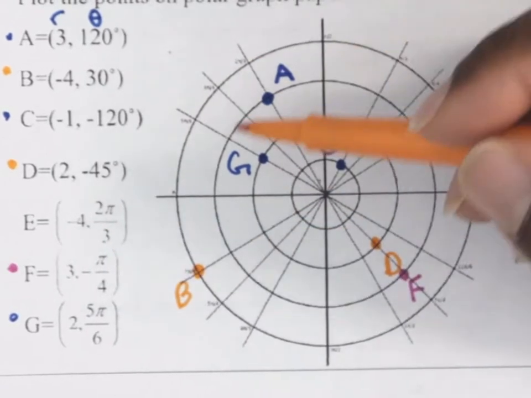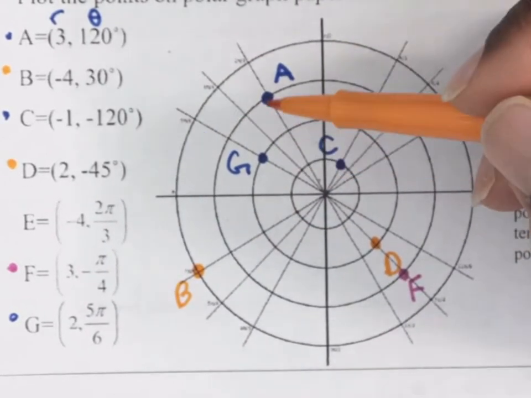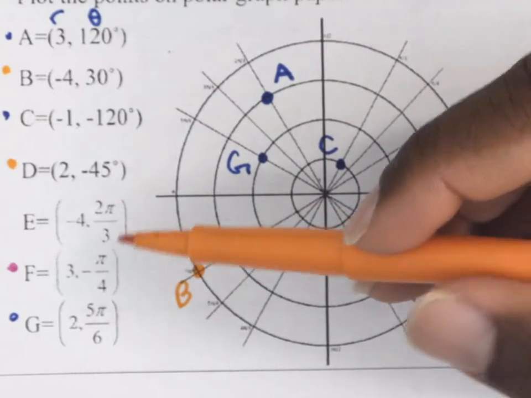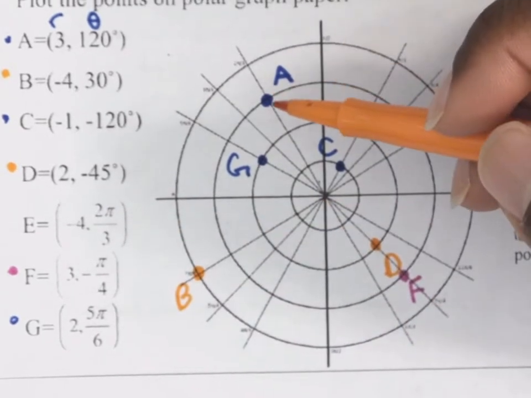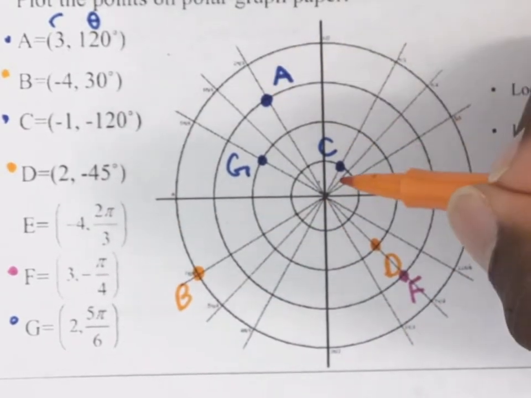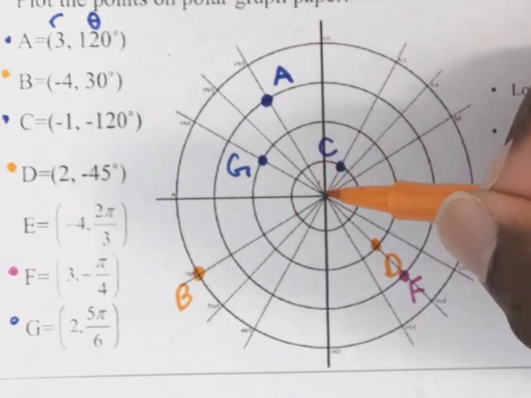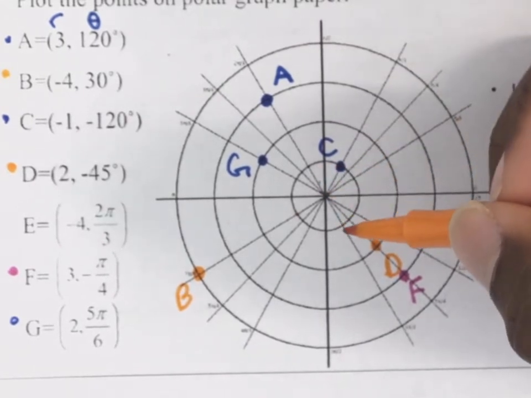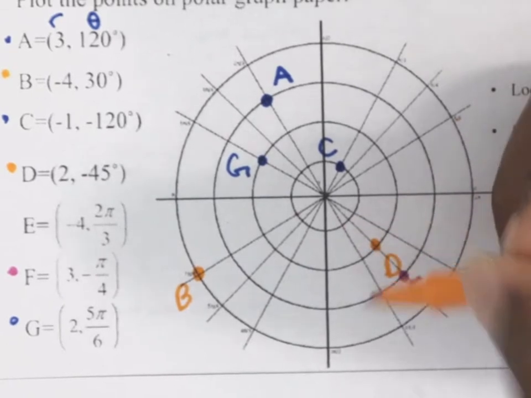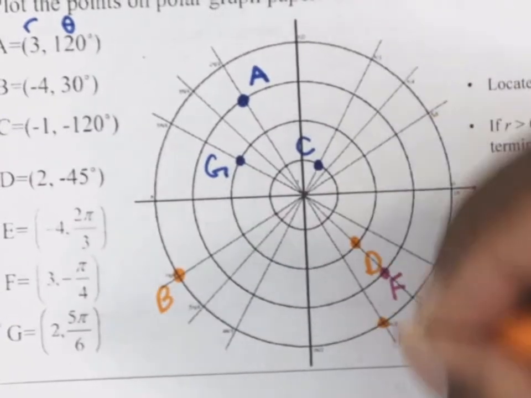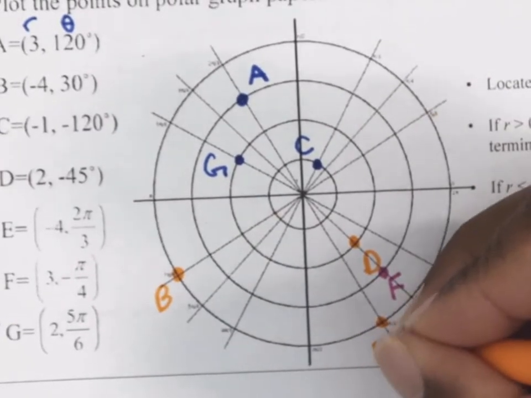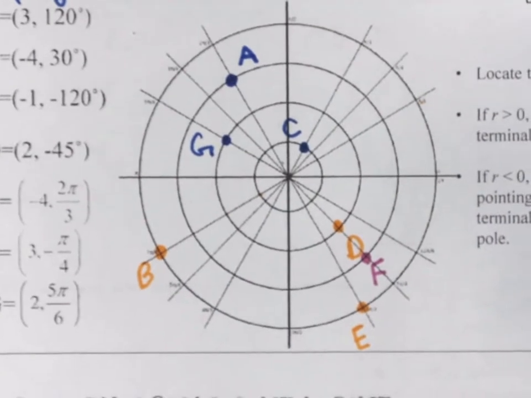That happens in the second quadrant. And then the 3s are always the 60s. So over 3, it's got to be the 60 in the second quadrant, which is this one. So logic would tell me to go here and then go out. But since it's a negative 4, I go opposite this way. 1, 2, 3, 4. This is where E is.